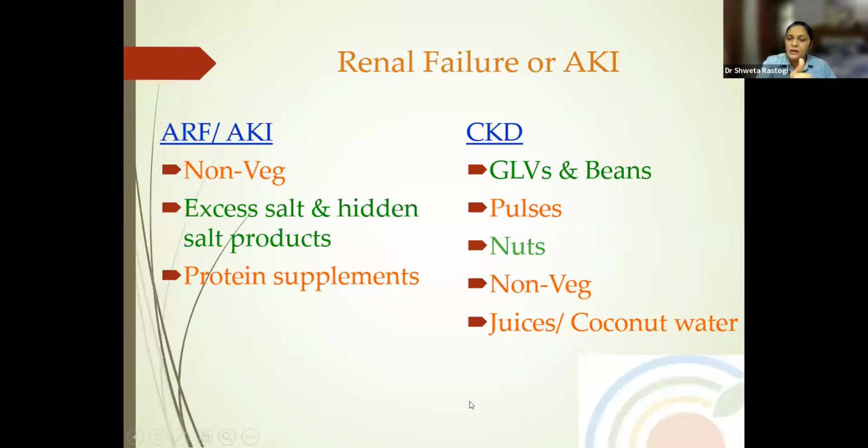So you have to be particular about proteins. You have to also check purine containing foods, that is the animal foods, and some of the green leafy vegetables are also rich in purine. So that's the reason we have cut down that as well. Third important thing is electrolytes, that is sodium and potassium. And last important thing is the total fluids.